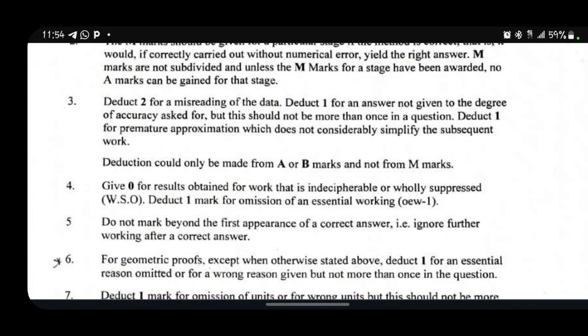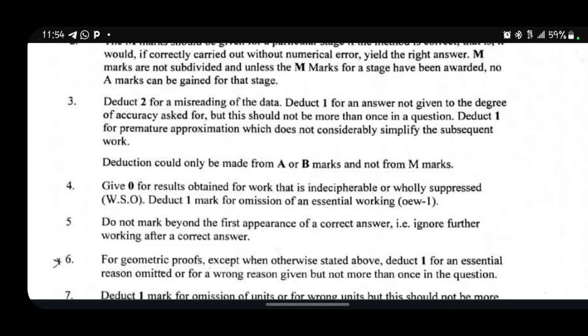So it is always advised that you round up your work at the end of the final answer, or for a working that makes use of that value that you have before for another question.